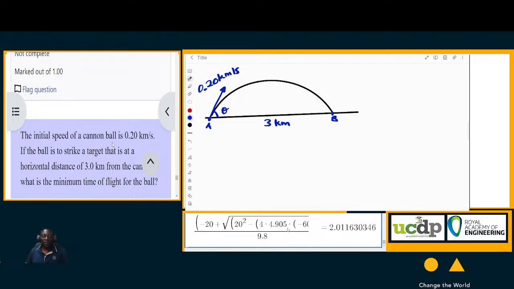So the question, once the minimum time of flight, how do we get that? Any ideas?